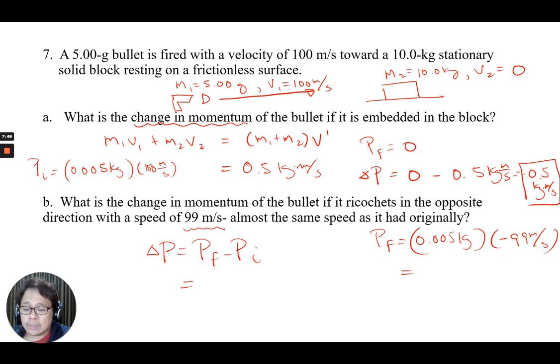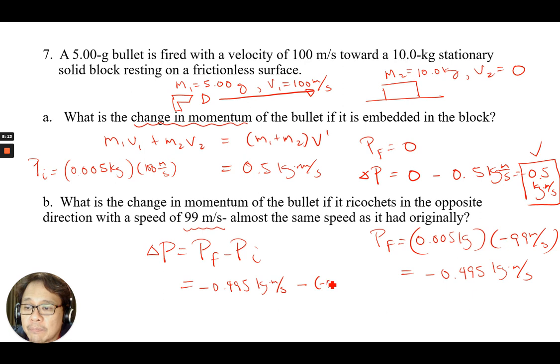You get an answer of negative 0.495 kilogram meter per second. So P final is negative 0.495 kilogram meter per second minus our P initial, which is 0.5 kilogram meter per second.